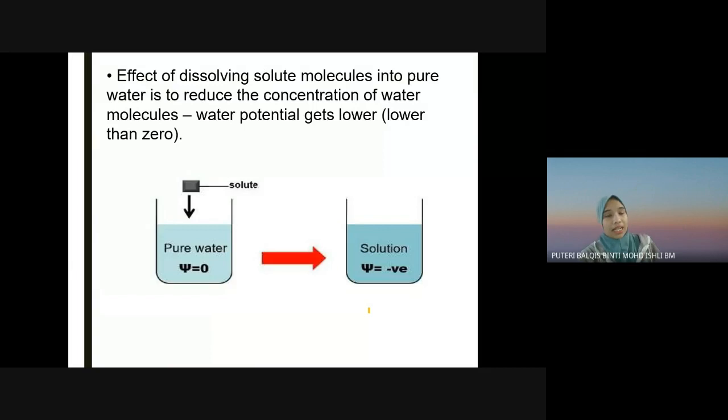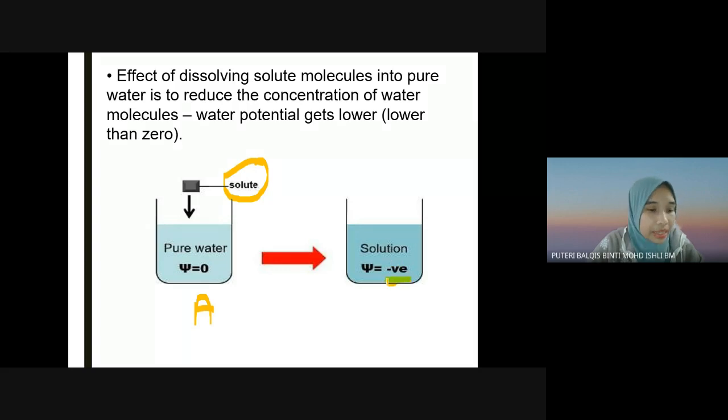So let's say I have beaker A. I put pure water in beaker A. Then I put solutes into the beaker. So what happens is, my beaker which consists of pure water, its water potential will become negative.